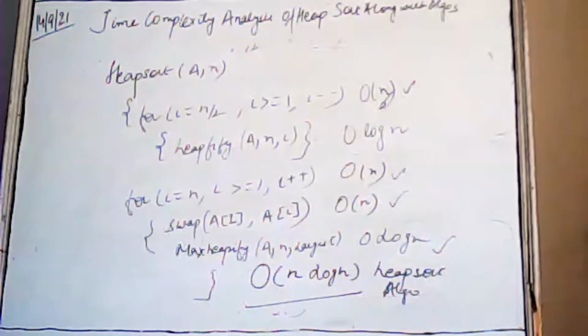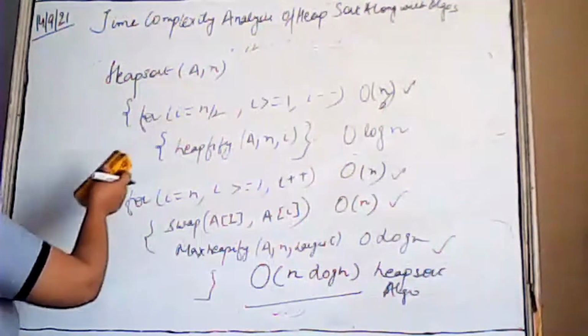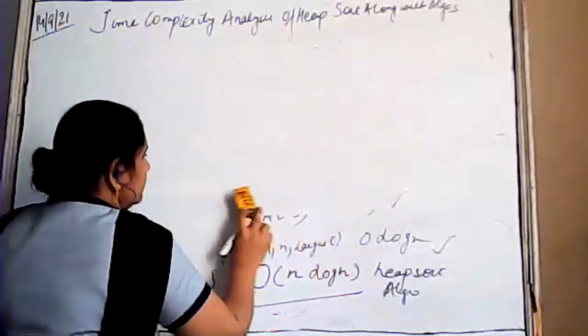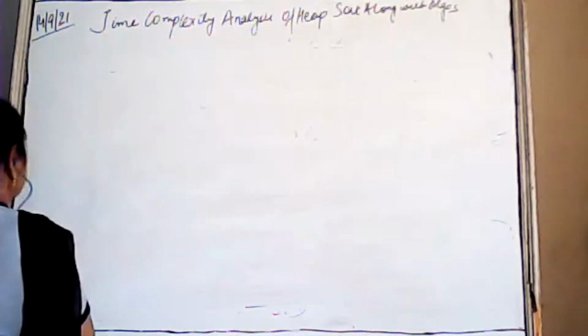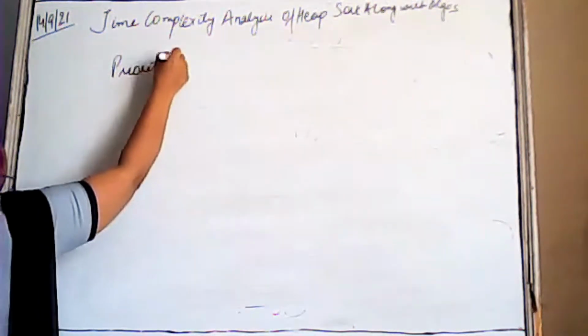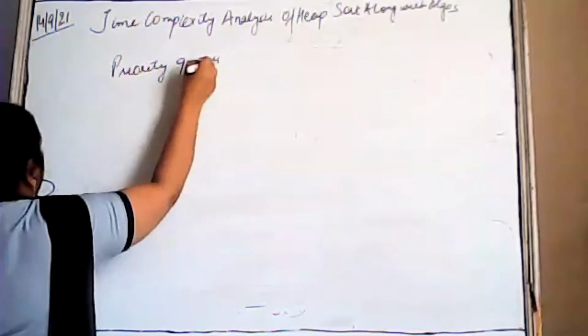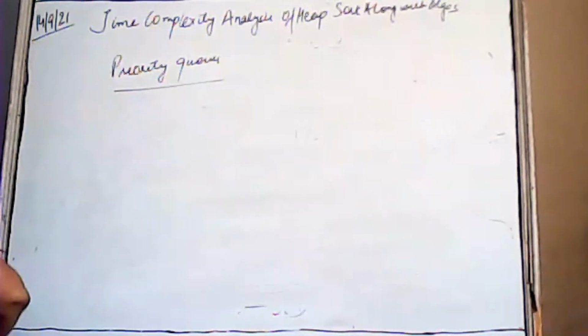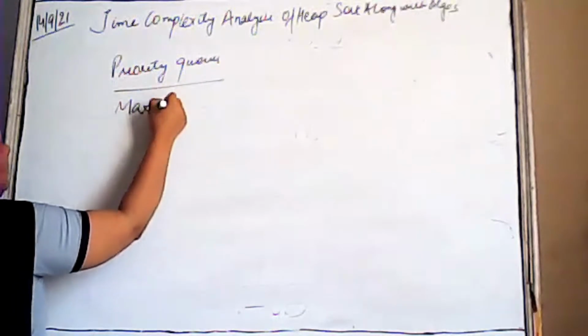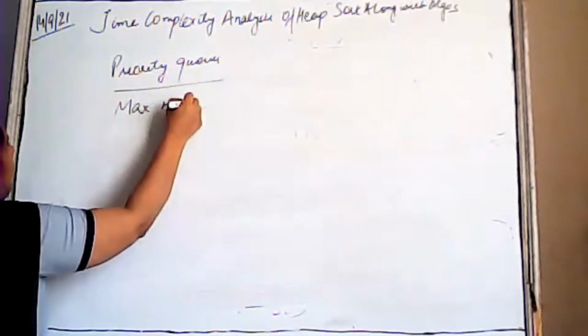Now we are over with it. Now next is priority queue. You can implement heap sort with the help of priority queues. There are two types of heap, max heap and min heap.